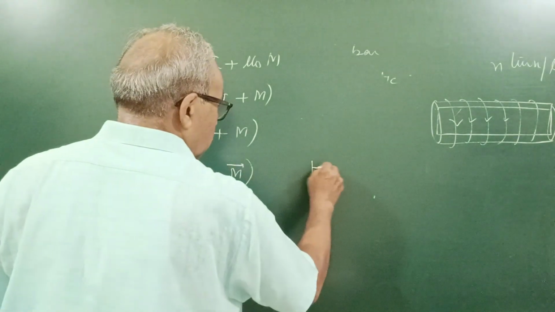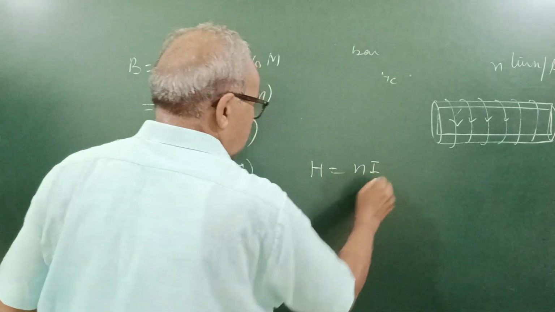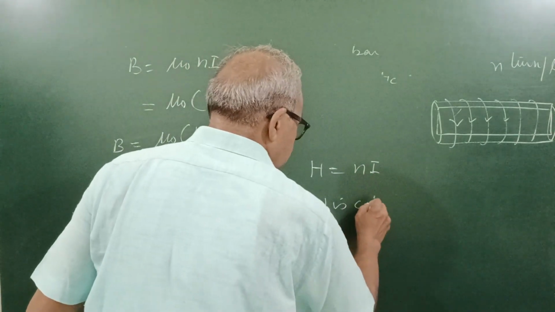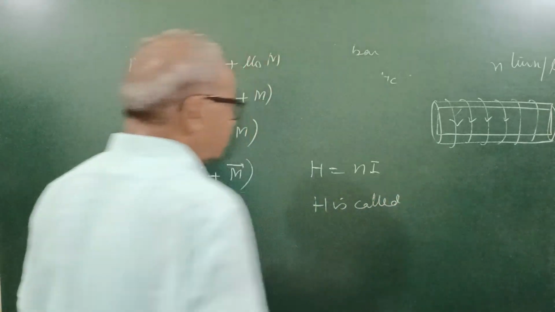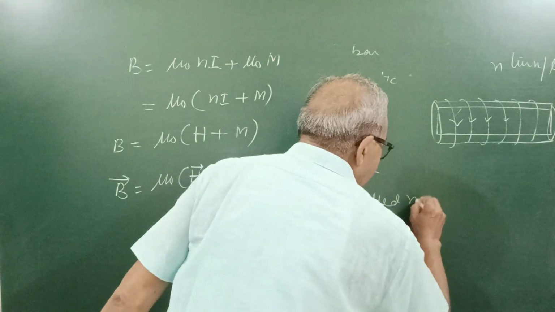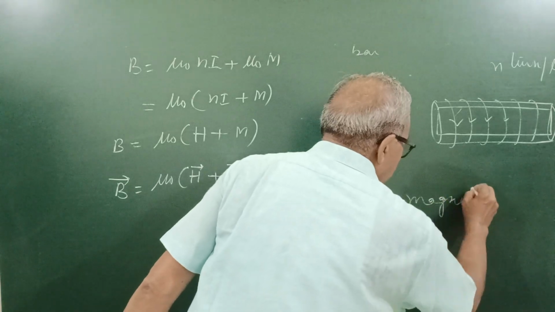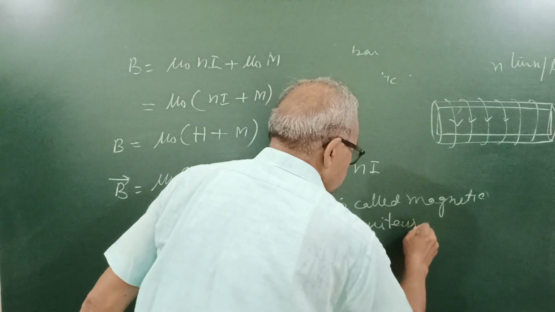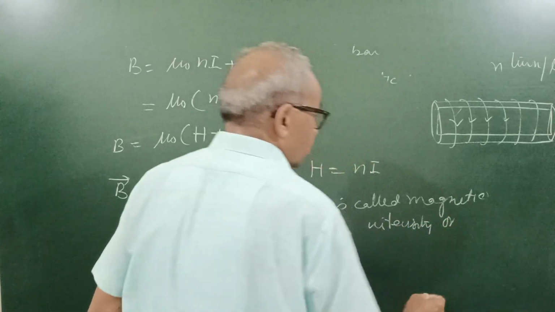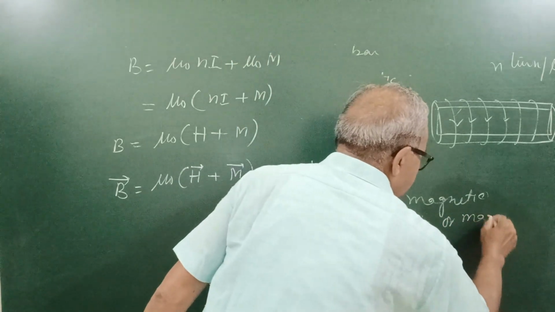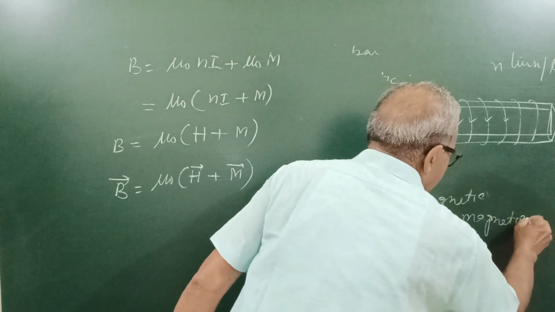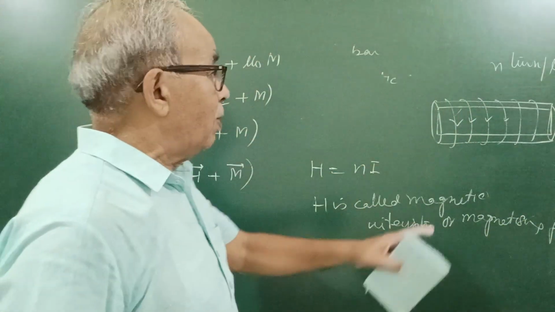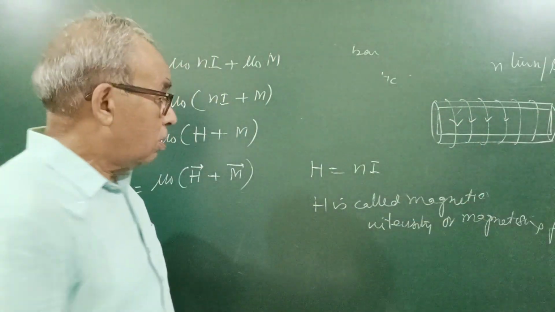and here H equal to nI, and H is called magnetic intensity, or magnetizing field. Actually, who produced magnetic field inside bar?